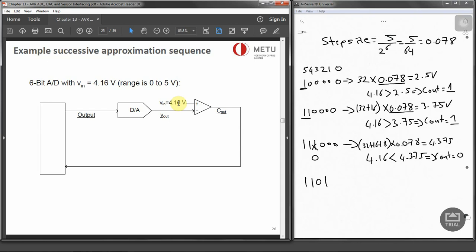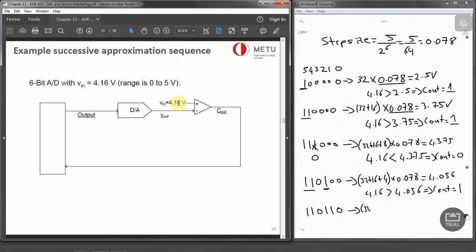So 32 plus 16 plus 4 in this case, multiplied by 0.078, which is equivalent to 4.056. Again, 4.16 is greater than 4.056. That means C out is going to be 1. Again, that means we are freezing that one and those, and we carry on with the next bit, 110110 in this case.